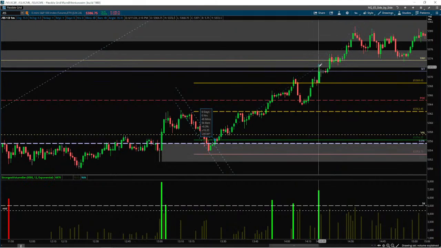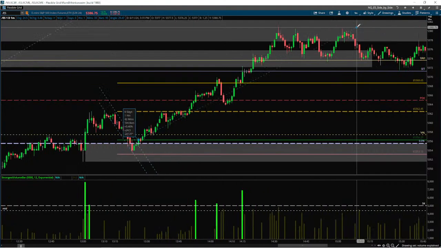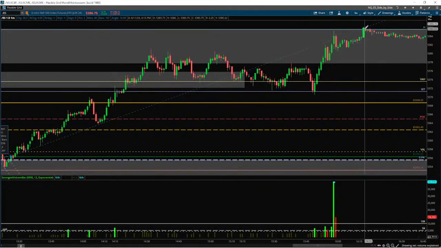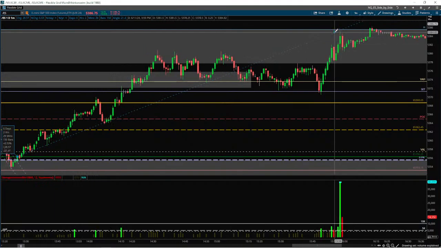So this will take about 49 minutes to get these 16 points, and then price eventually ended up moving higher into value area high for about 24 points. And did we even move higher than that? Yes, we did. We moved here at the end of day for about 29 points.